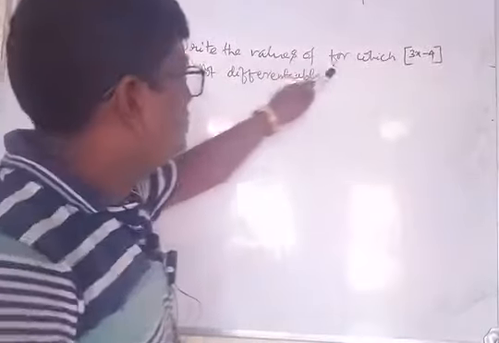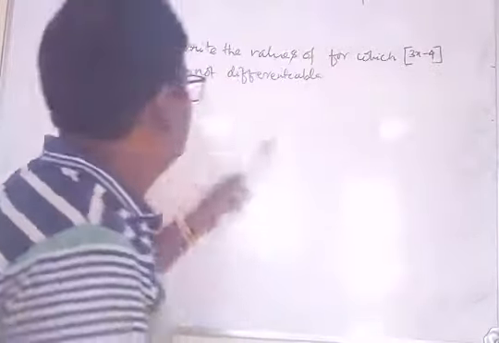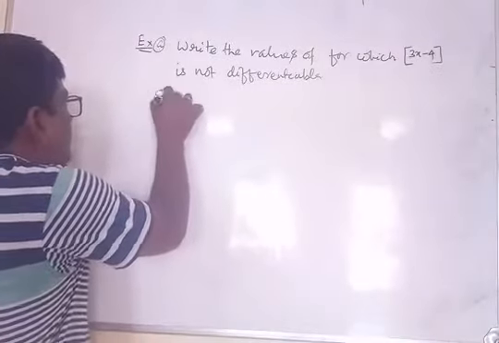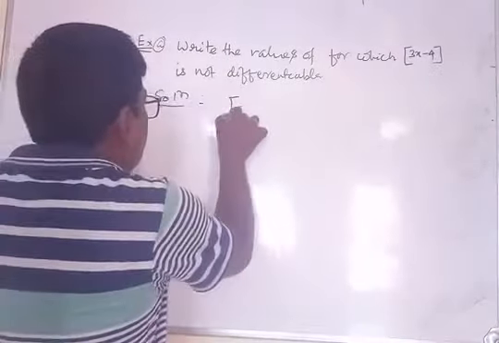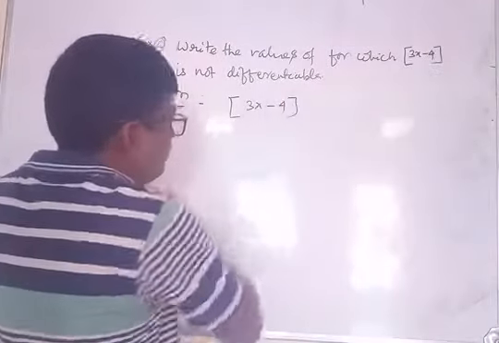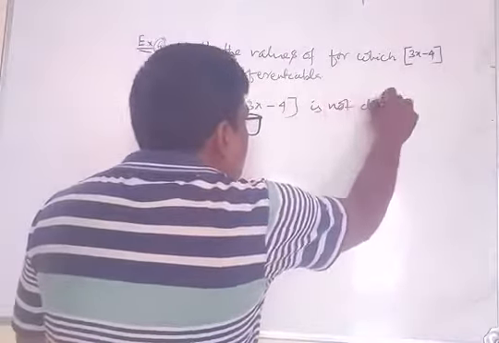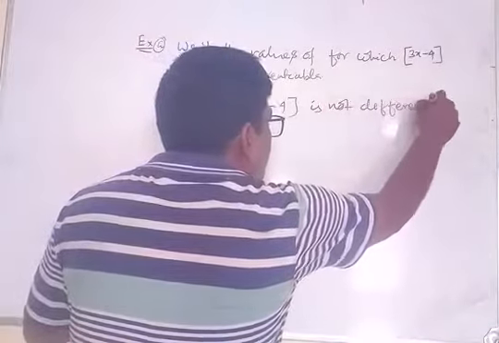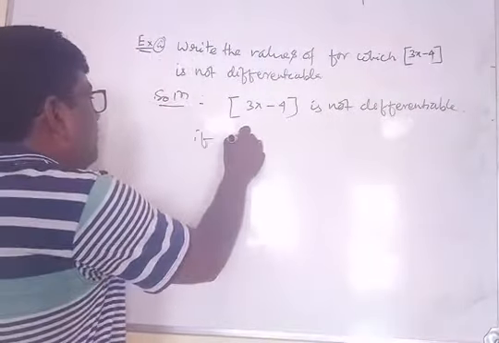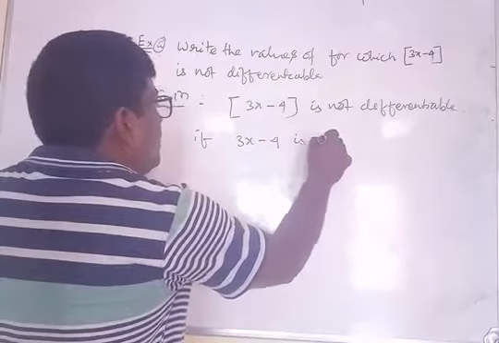Write the values of x for which bracketed 3x minus 4 is not differentiable. So solution is, bracketed 3x minus 4 is not differentiable if 3x minus 4 is an integer.